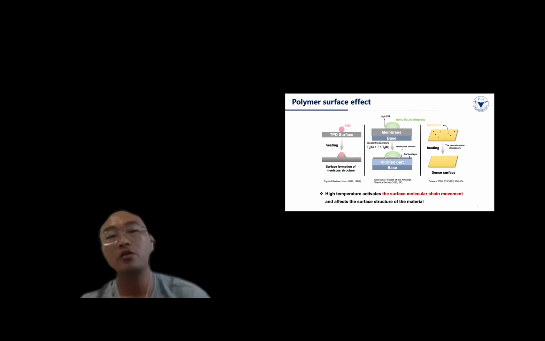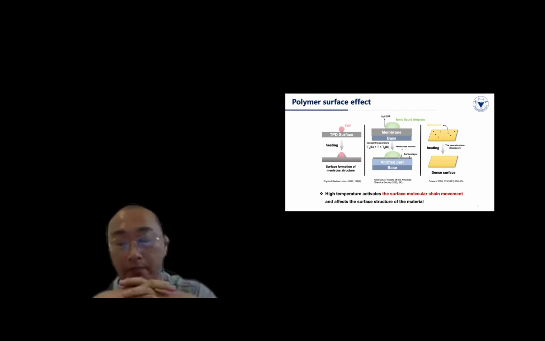As we know, the polymer has a glass transition temperature. That means the Tg on the membrane surface is lower than in the membrane bulk. That means the polymer chains on the surface are more active than in the bulk.